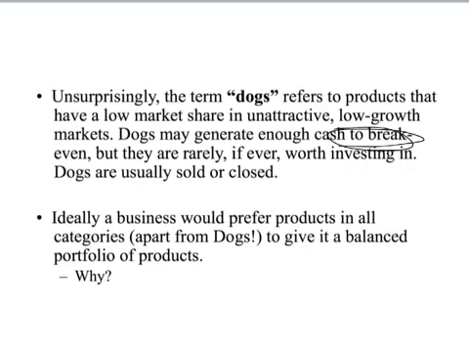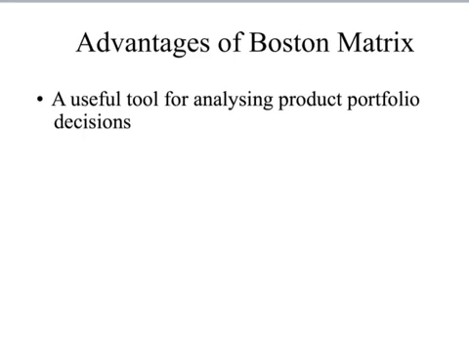Ideally, a business would prefer products in all categories apart from dogs to give it a balanced portfolio. So we wouldn't always just want cash cows, because one day if those cash cows were to decline, we wouldn't have any rising stars to replace. So the advantages of using Boston Matrix.